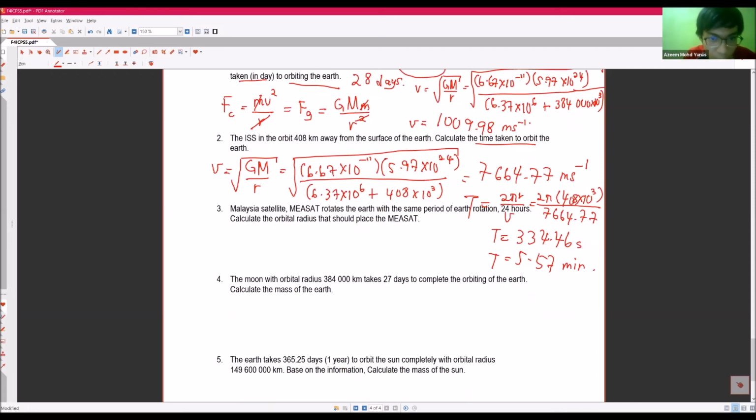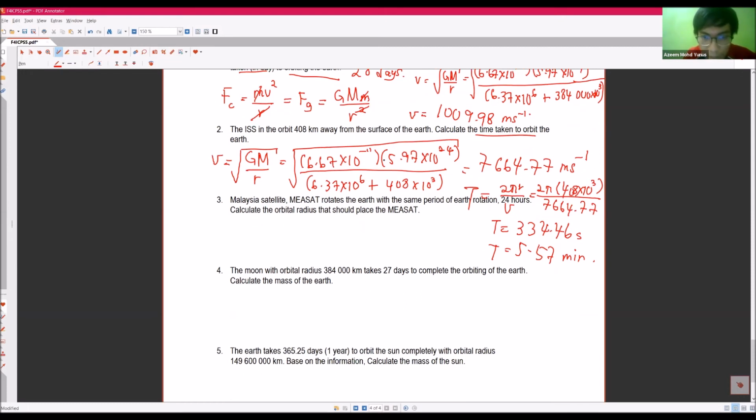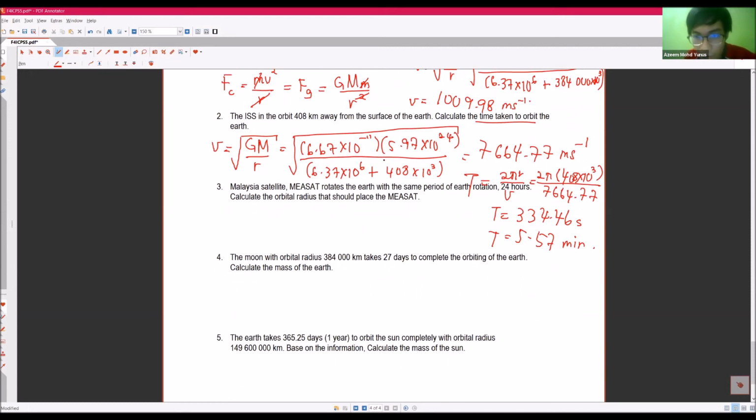Okay, number three, Malaysia satellite MEASAT rotates the Earth with the same period of the Earth rotation, which is 24 hours. Calculate the orbital radius that should place the MEASAT. Okay, this is quite easy because we just use the formula here, 2 pi r over t, and then we need r. So Vt over 2 pi. Again, we have to calculate the V first.